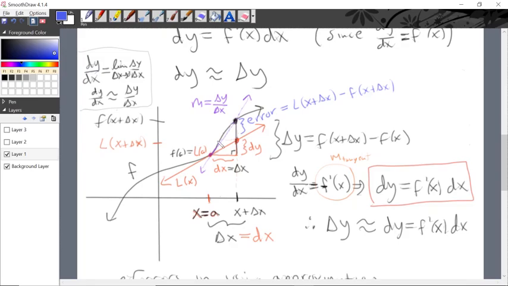This graph is an example of an underestimate. But another way that we can calculate this error is we can take dy and subtract delta y from it. Just notice that if we take dy, this distance right here, and subtract this distance right here, we're going to be left with this distance right here, but in this case we'll have that as a negative quantity. So that's another way that we can calculate what the error is.